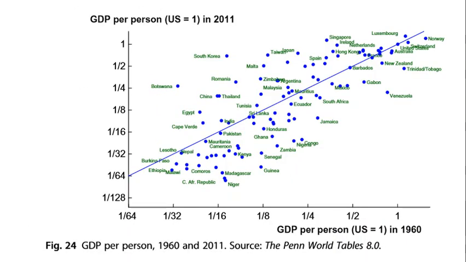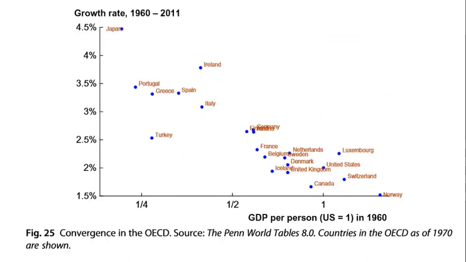And this is in terms of GDP per capita. But if we look at growth rates, we get this interesting opposite story. So for growth within the OECD, Japan was very poor relative to the United States in 1960, and it had the best growth rate over that period.